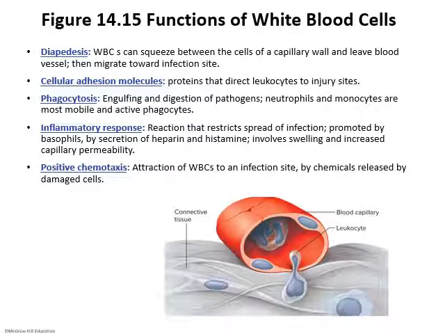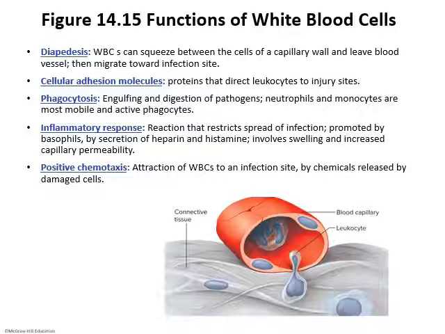We talked about phagocytosis and how that's when a cell engulfs either pathogens, cellular debris, or things like tumor cells and destroys them. And then inflammatory response, we talked about how this is going to be controlled by basophils and their secretion of heparin and histamine.